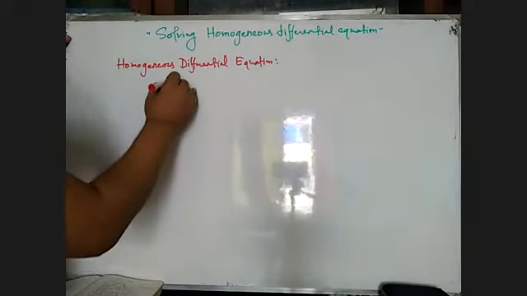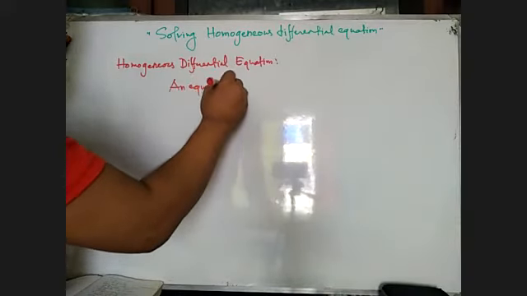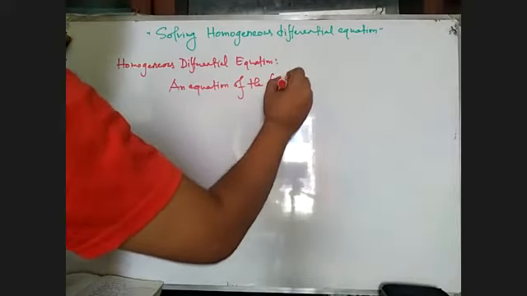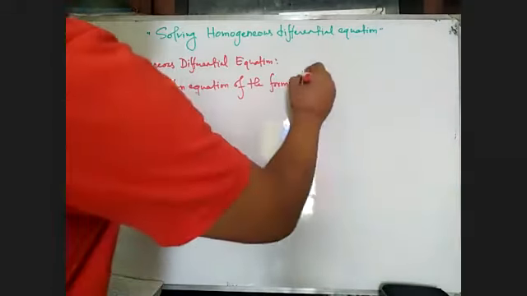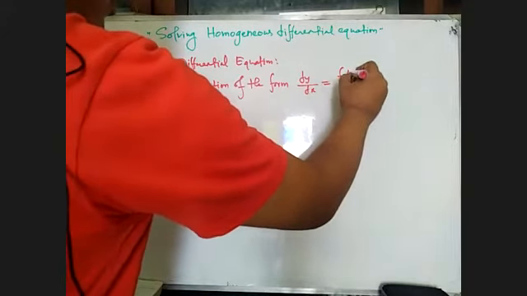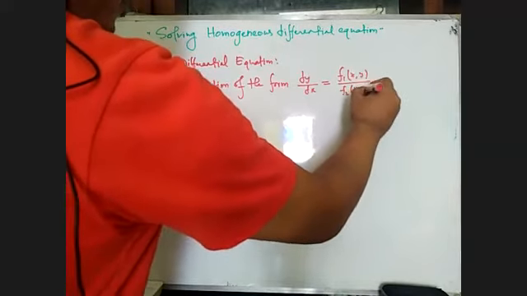An equation of the form dy/dx = f1(x, y) / f2(x, y).